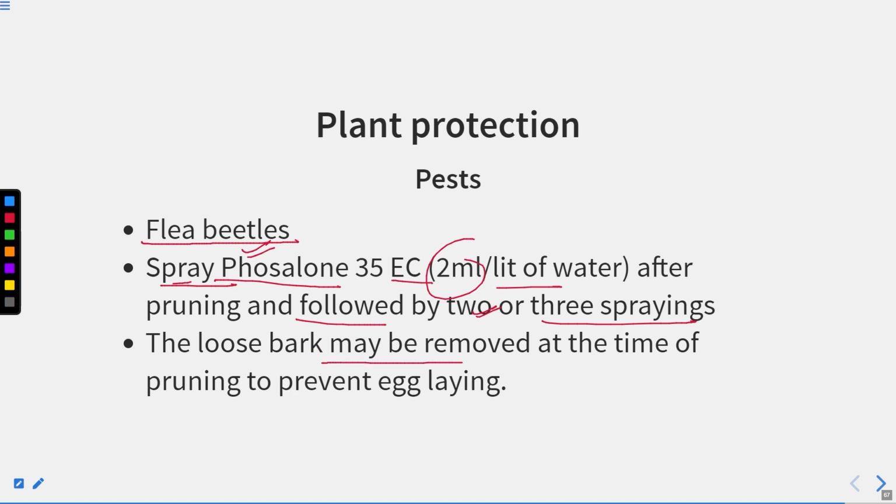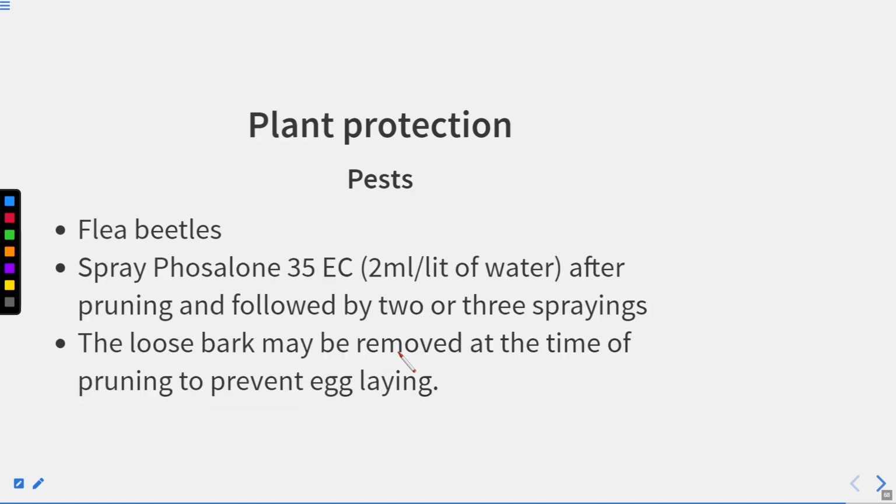The loose bark may be removed at the time of pruning to prevent egg laying. Whatever loose bark is there, these flea beetles lay their eggs there. So after pruning is done, we can remove such loose bark so that they cannot lay eggs there, or if the eggs have already been laid, then they can be eradicated.